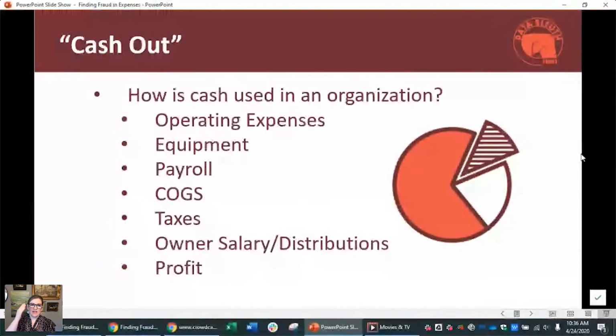If all of these things have to be paid with cash, then what is the piece that a fraudster is stealing? They're stealing your profit. It can go on for so long because they're stealing your profit, which should be your reinvestment to then grow. So you don't necessarily notice it until you're out of profit and then you're out of money for rent. And that's when owners call me and say, oh my goodness, something is wrong with cash.